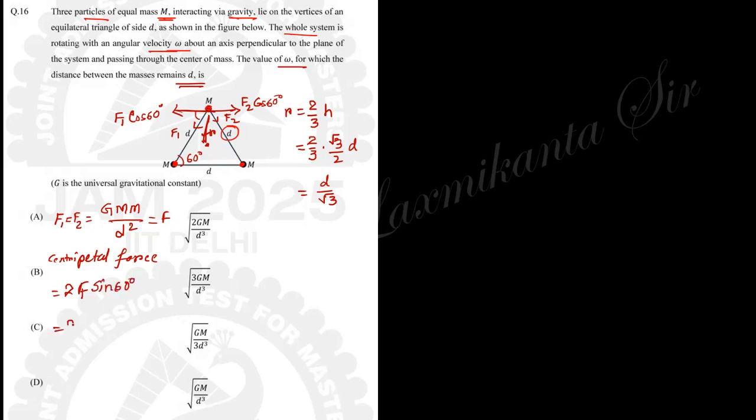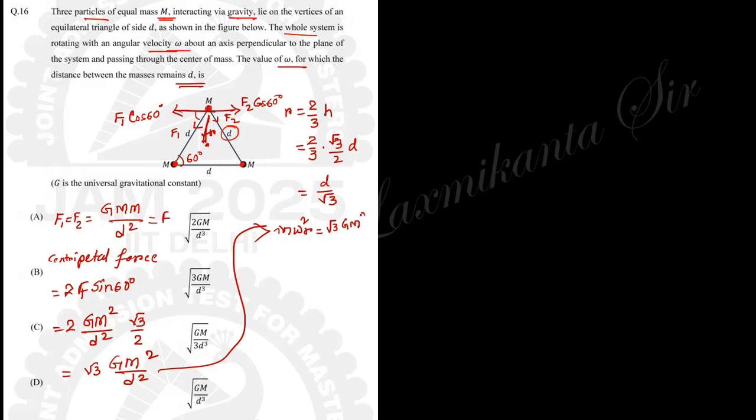Put F as Gm square by D square, and sin 60 degree is √3 by 2. So the centripetal force is √3 Gm square divided by D square, and this centripetal force is equal to m omega square r. So m omega square r equals √3 Gm square by D square.